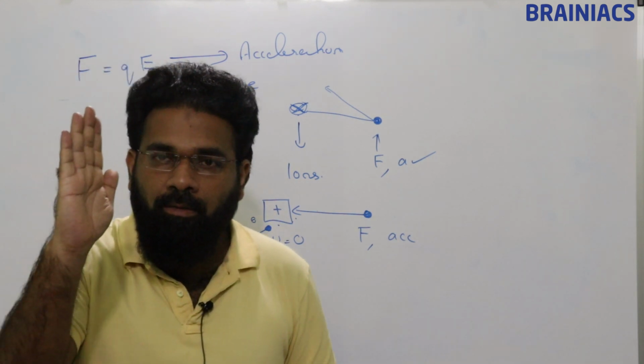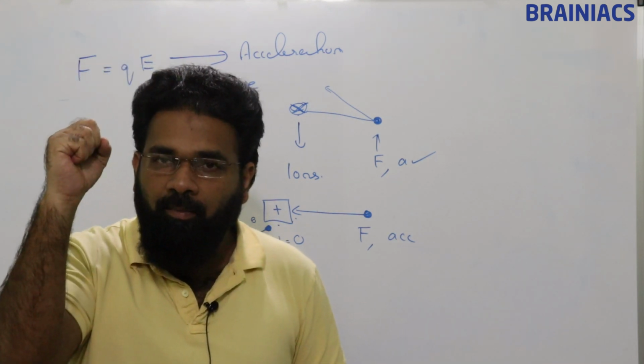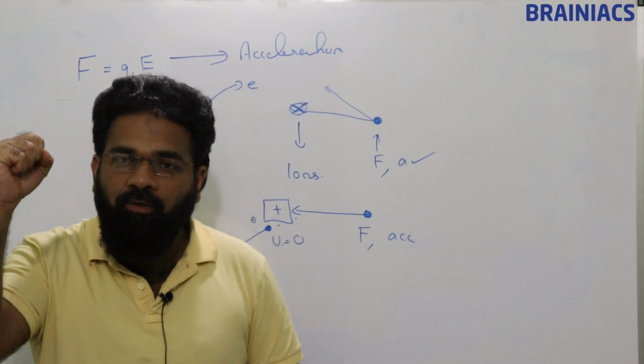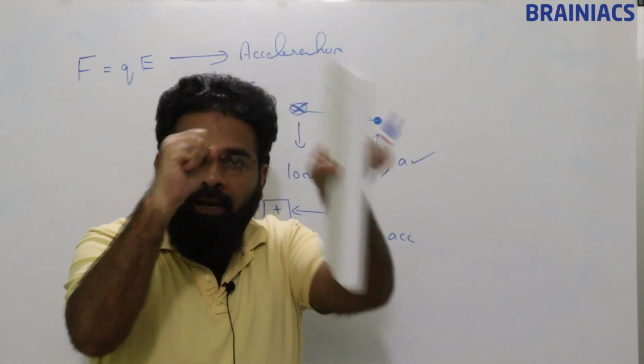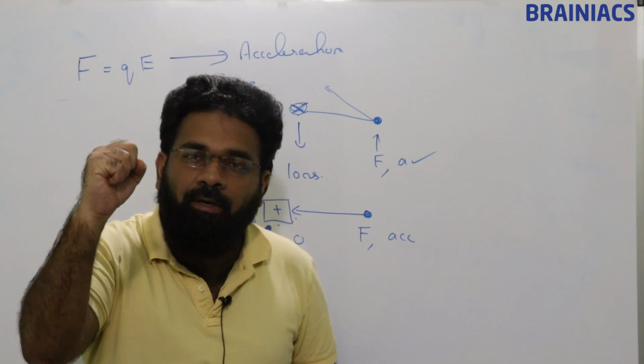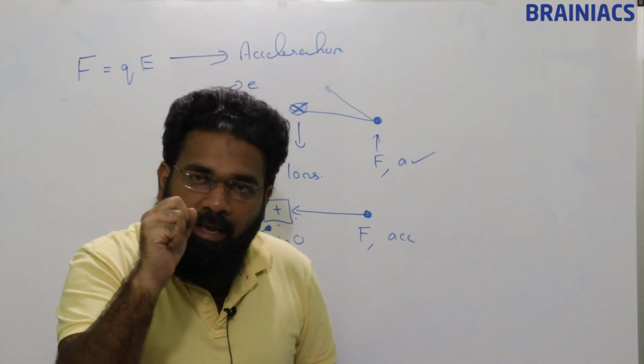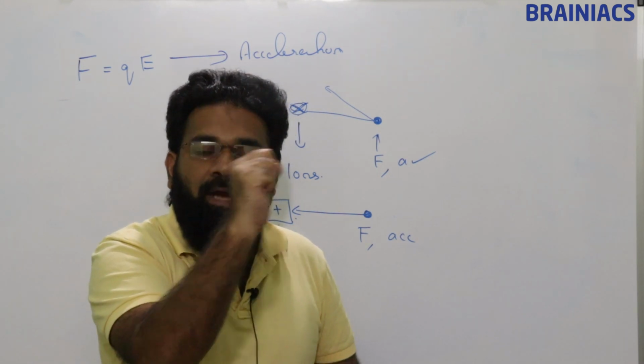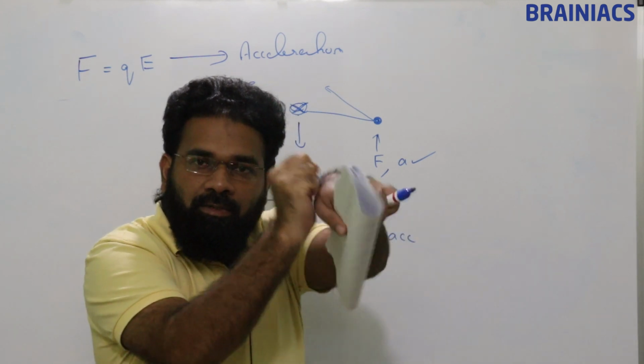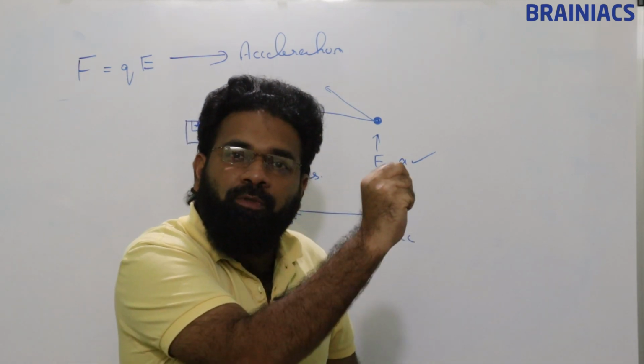So imagine this is an electron, coming under the influence of force, colliding with another atom or kernel or ion. It will get slowed down, again it will move, it will collide with another atom, then again it moves.